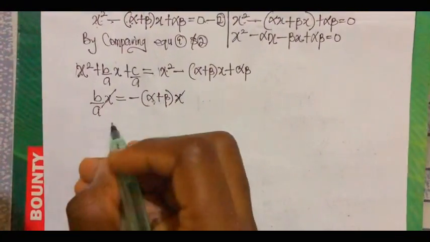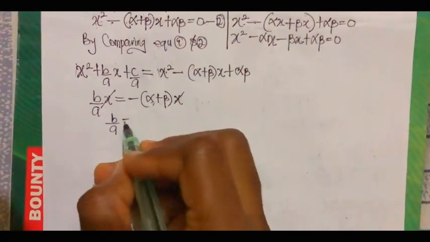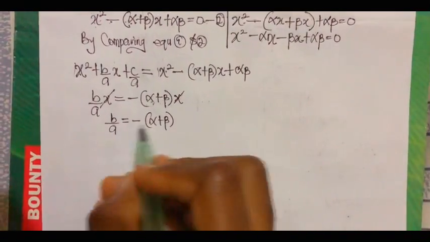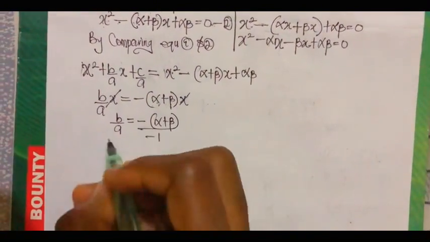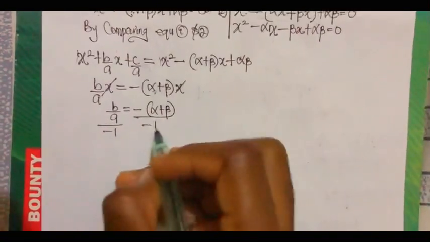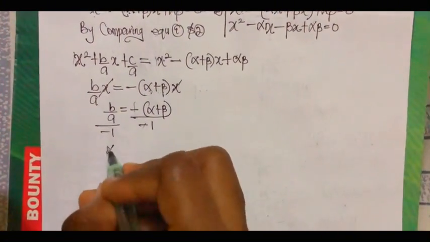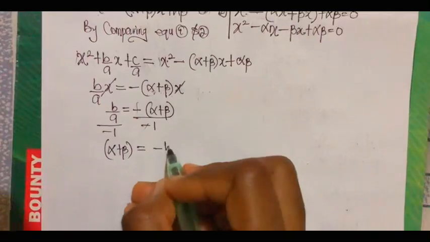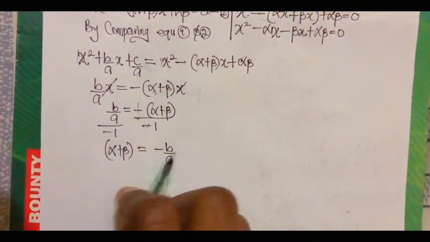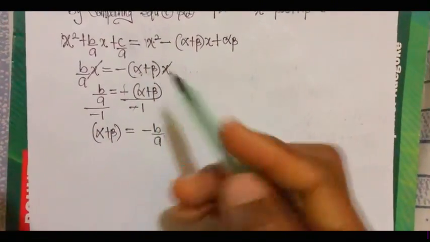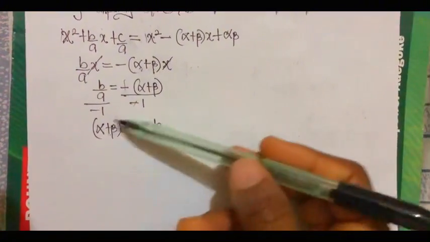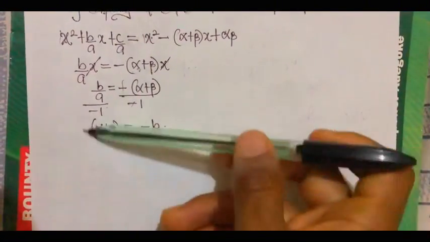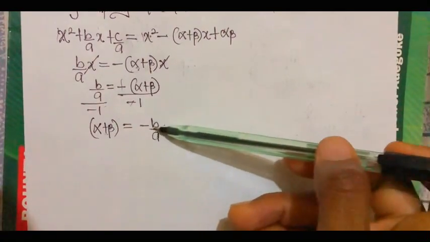We'll be left with b over a equals minus alpha plus beta. Now we divide both sides by minus 1, and my alpha plus beta will just be minus b over a. So by the second method, by factorizing, we still get the same expression: alpha plus beta is minus b over a.